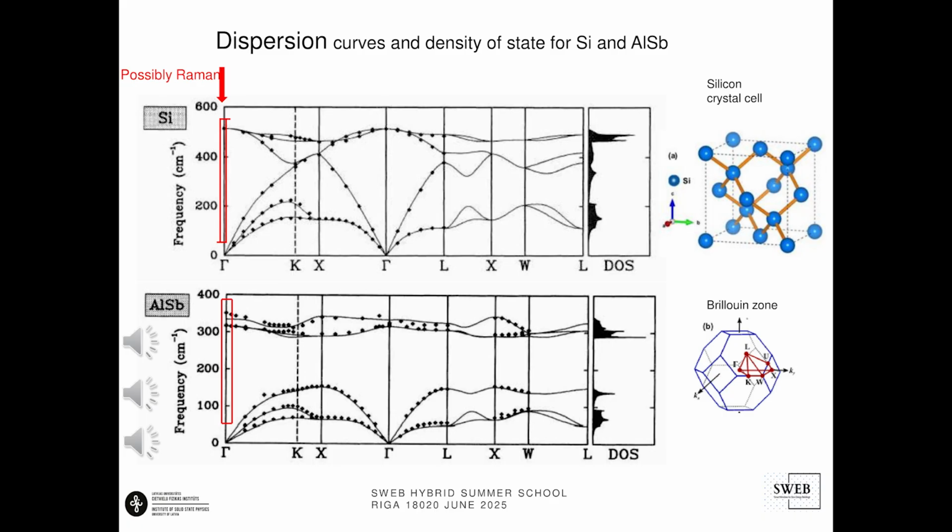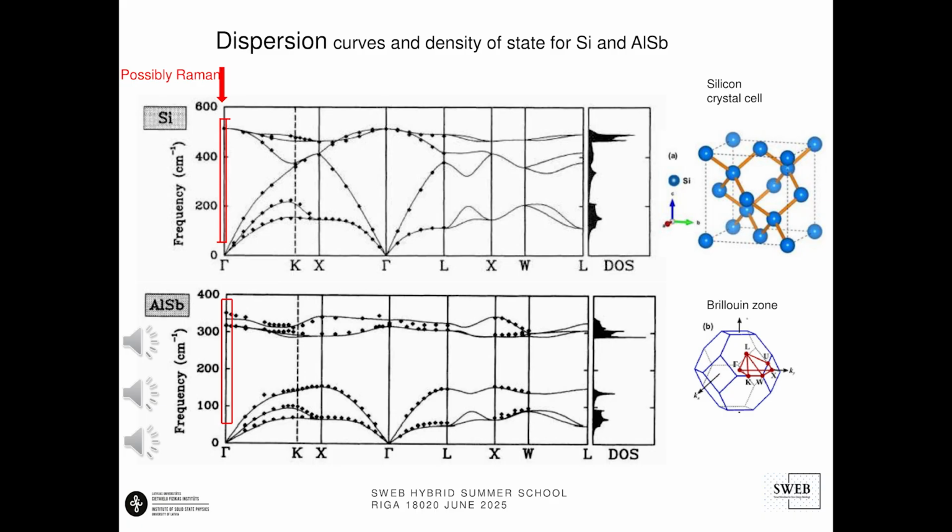The point and translation symmetry of the crystal lattice dictates that only vibrations with k equals 0 are active in the Raman and infrared spectra. These are long-wave vibrations.